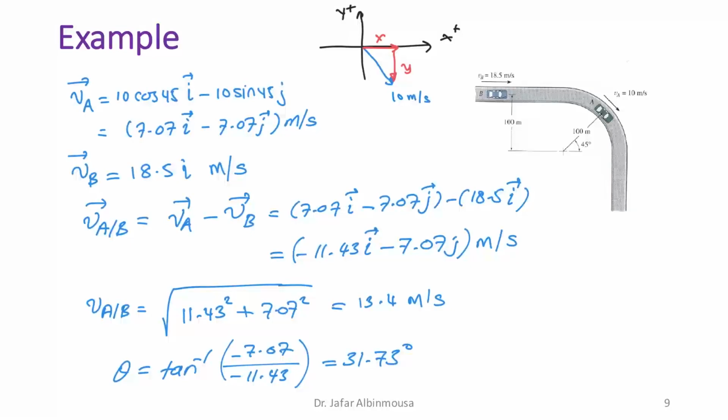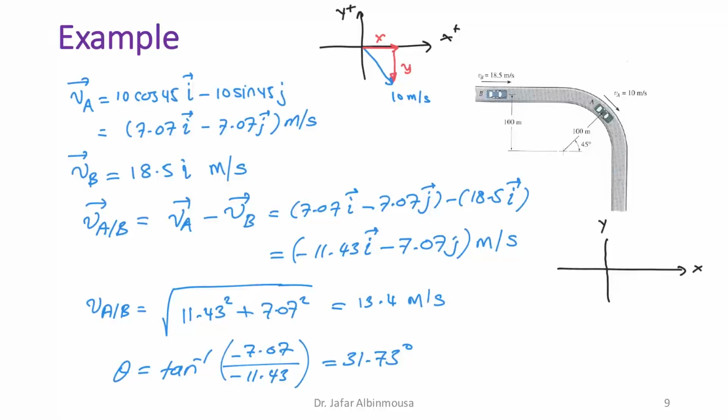Now, if we want to represent this angle, you just need to look carefully over here. This is the positive x, this is the positive y. As we showed, VP is going in the positive x, while this one is going in an inclined angle.